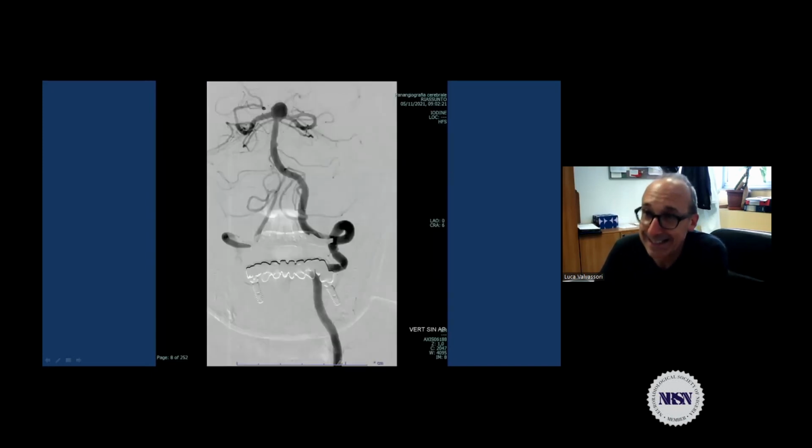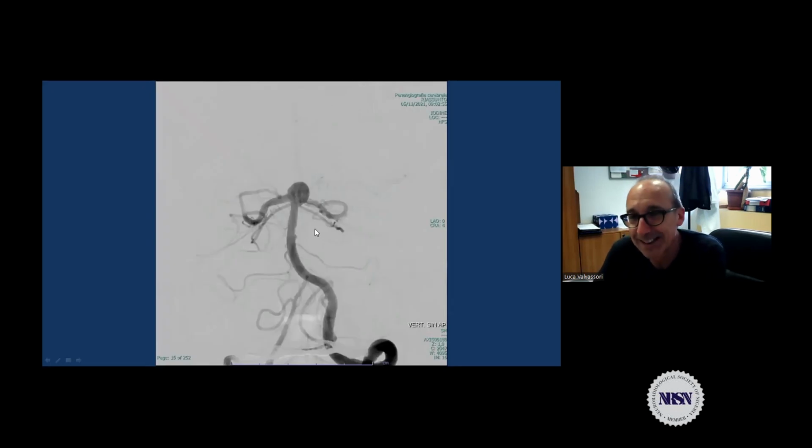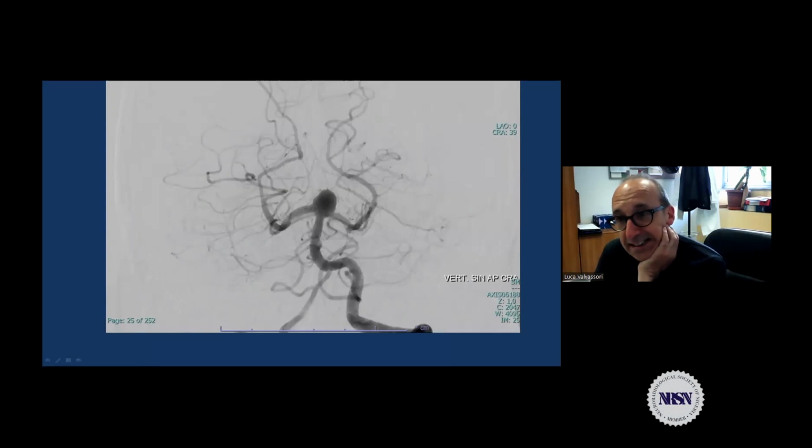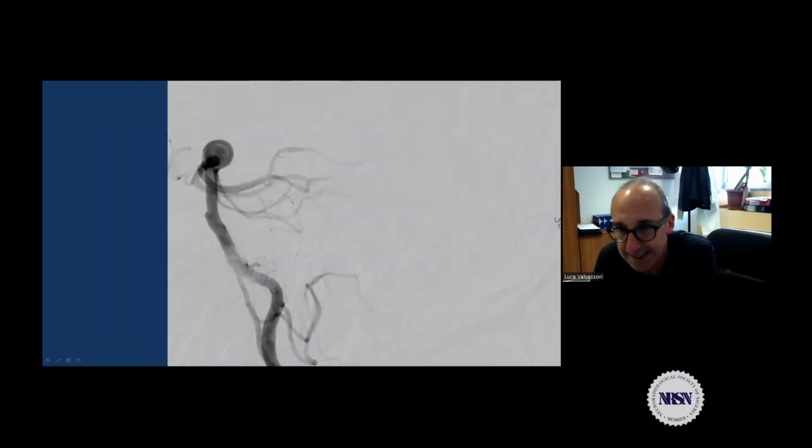And this is an extremely difficult case because the aneurysm is this shape, so all this is the neck of the aneurysm. So what can we do in this case? There's no other way than protecting the neck by placing a couple of stents.